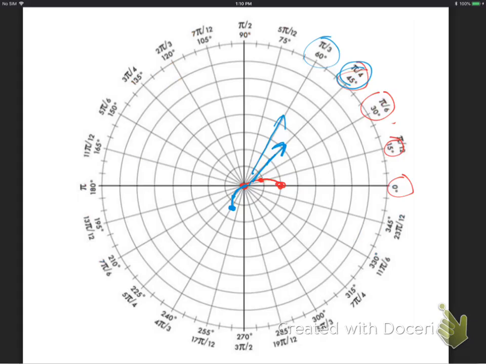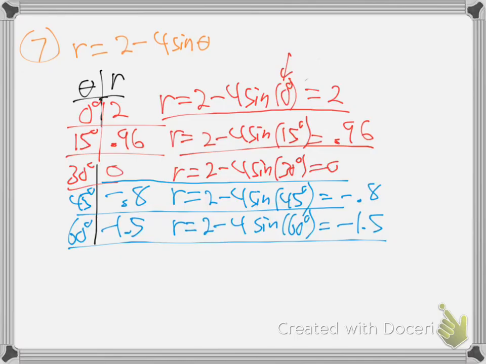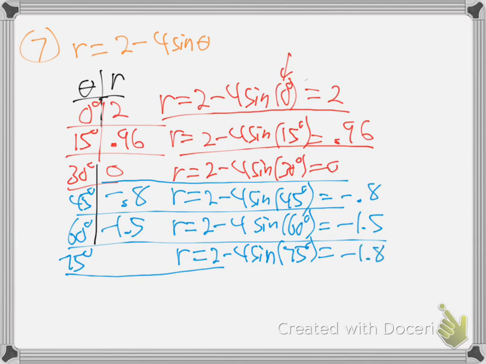Now, what's our next angle? 75. Let's go to 75. R equals 2 minus 4 sine 75. These take a little bit of time, don't they? There'll only be 8 of these on the next exam. No, I'm just kidding. You probably won't need to do these by hand if you just have this table information.